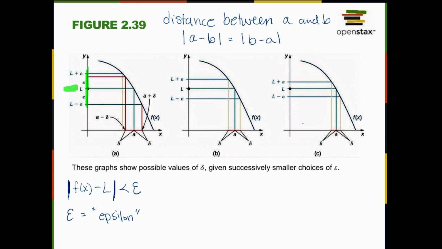All right, now let's look at another expression that we're going to need in the definition. We also have this one. Okay, so this tells us the distance between x and a, because it's the absolute value of x minus a. So the absolute value of x minus a tells us the distance between x and a.